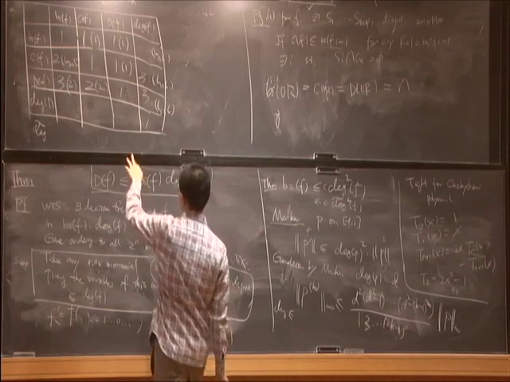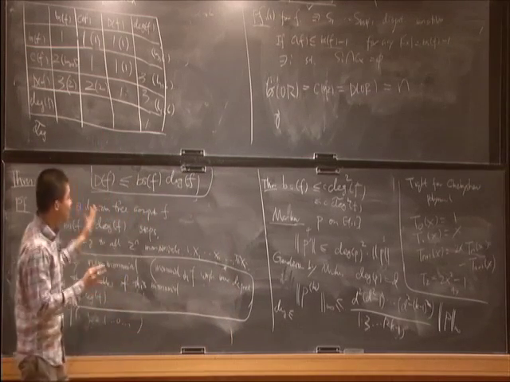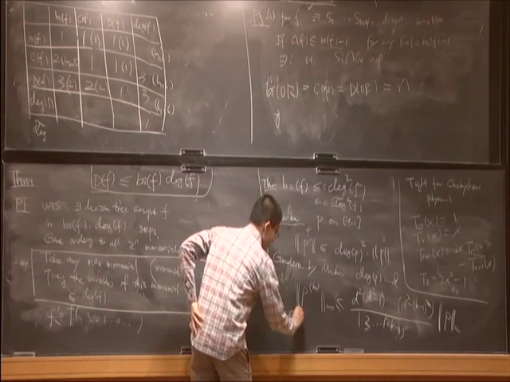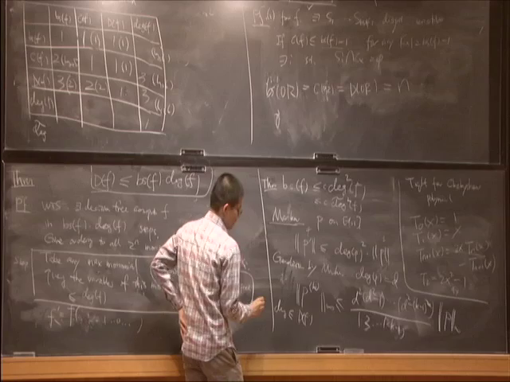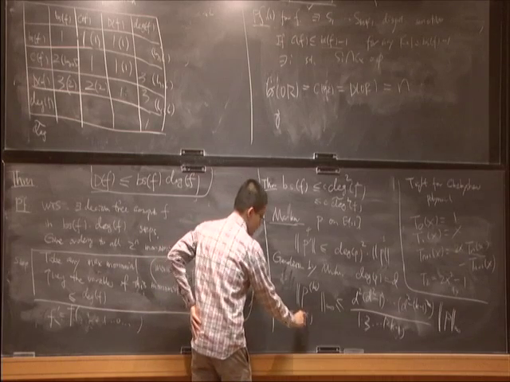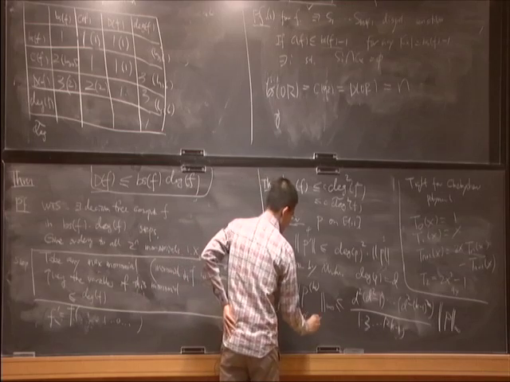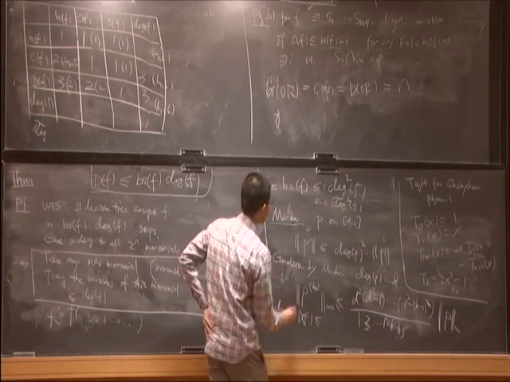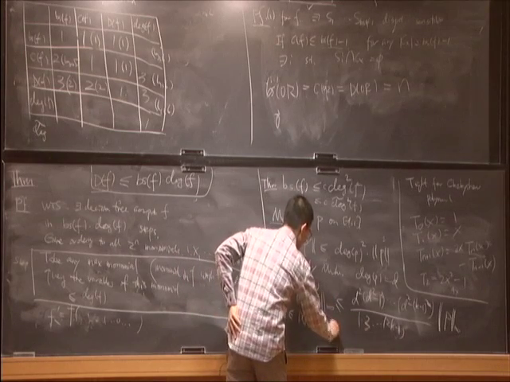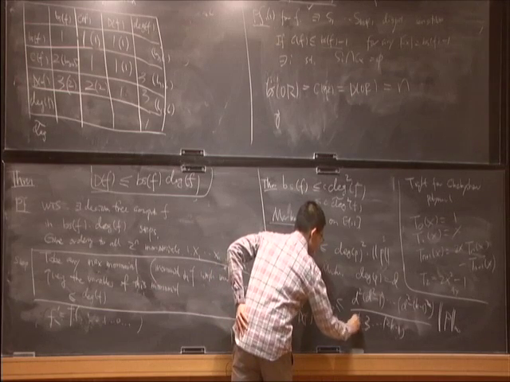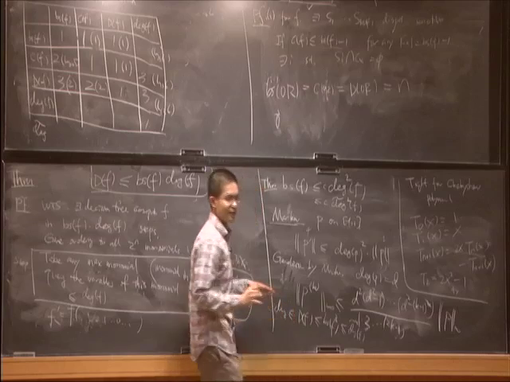Okay, I still need to finish these things. After I finish the whole table, you'll get that the degree is bounded by the deterministic decision tree complexity, bounded by the block sensitivity to the power of 3, which is bounded by the approximate degree to the power of 6, basically.